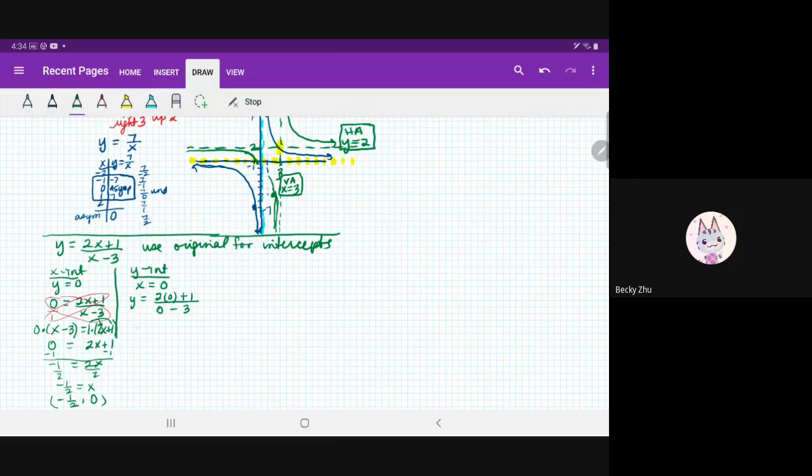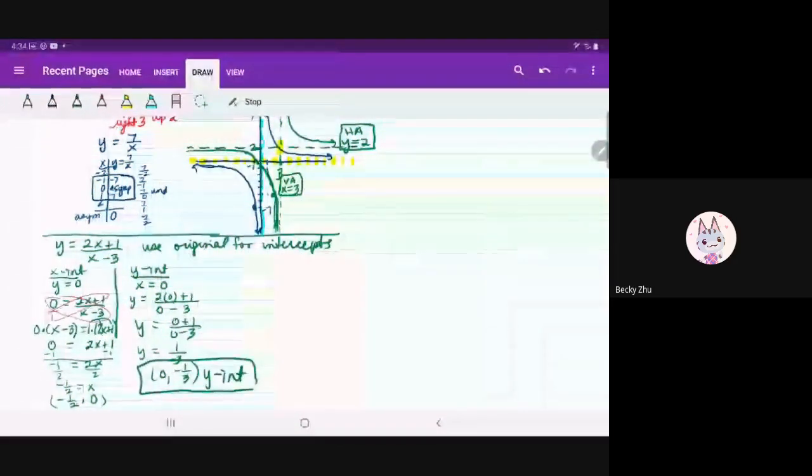Okay, and then this one is y equals 0 plus 1 over 0 minus 3, 1 over negative 3. So 0 comma negative 1/3. Okay, so I can just keep going. 0, negative a third. And now I know where they actually cross. So this one is the y-intercept. I'll label it, so I'll circle it. That's the y-intercept. And then this one, let me go up.